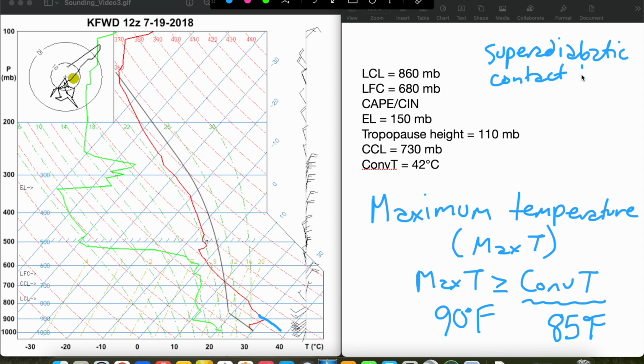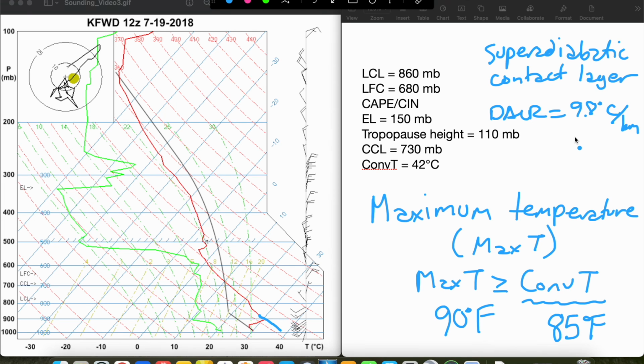And so we talked in the previous videos about what adiabatic means. It means no heat added or lost to the environment. And we said that our dry adiabatic lapse rate is 9.8 degrees Celsius per kilometer. Basically, the rate that an unsaturated parcel will cool as it ascends in the atmosphere is 9.8 degrees Celsius per kilometer. Well, oftentimes near the surface, you're going to have really intense surface heating.